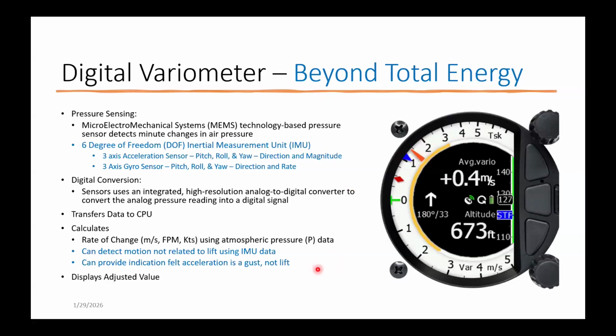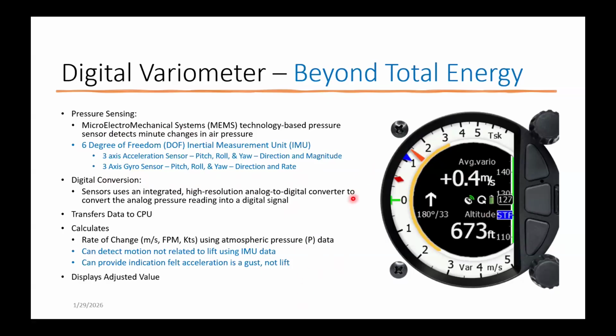Okay, what I'm describing is a gross oversimplification of some of the Hawk processing in the LXNav devices. But what I want to point out is that adding this inertial measurement unit, and they come commonly as either 3 degree, 6 degree, or 9 degree. The 9 degree adds a magnetometer, so a mechanism to get a magnetic compass if you needed or wanted it.